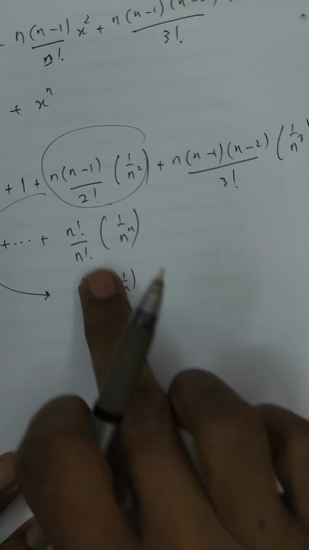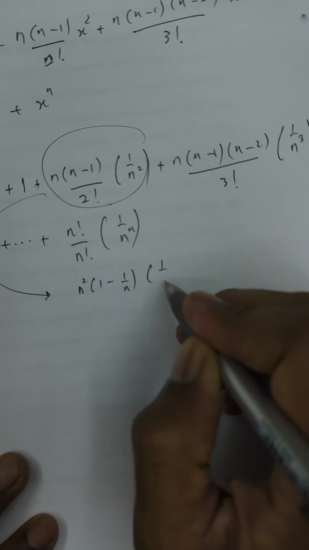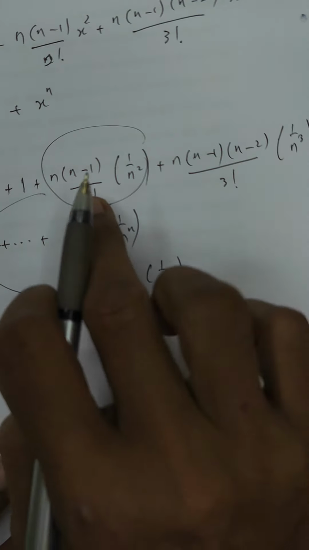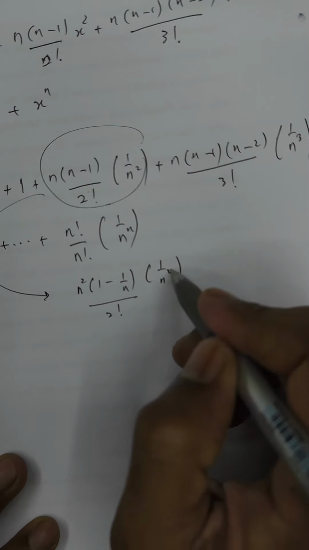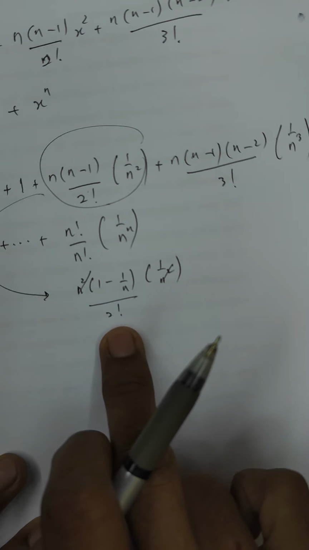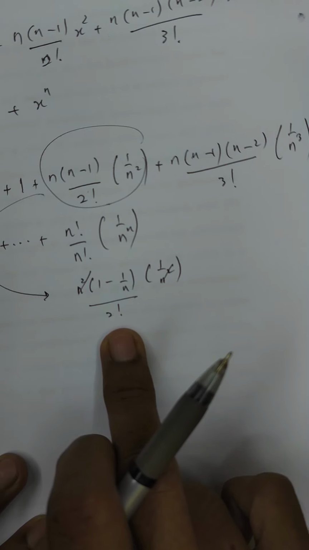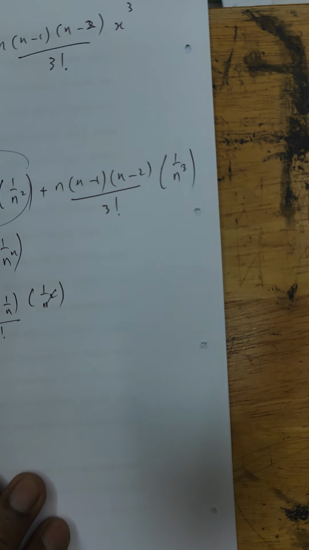Because you take out those n. Then outside we have 1 over n squared over 2 factorial, so you can cancel this out. What is left is (1 minus 1 over n) over 2 factorial. You can do the same for the next term and the next term.